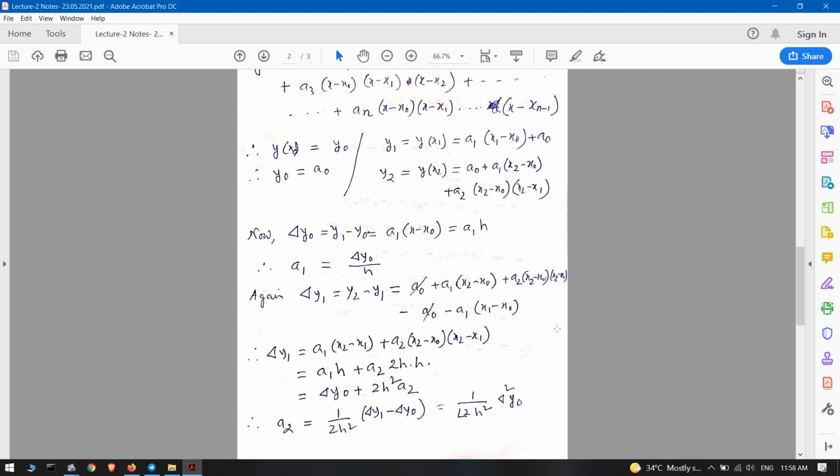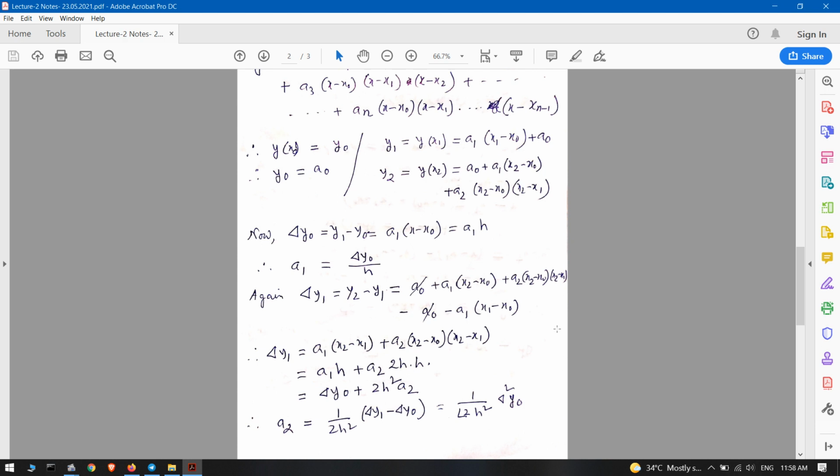Now, these data sets are given. Now we have written one expression of the polynomial, that is y of x equal to a naught plus a1 into x minus x naught plus a2 into x minus x naught into x minus x1.